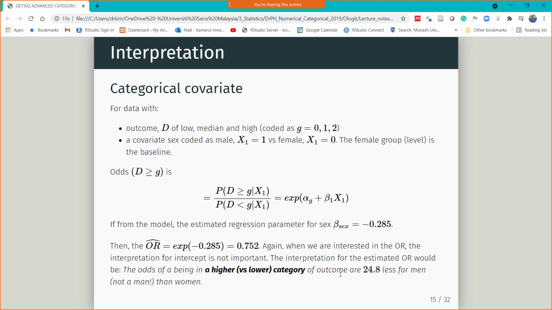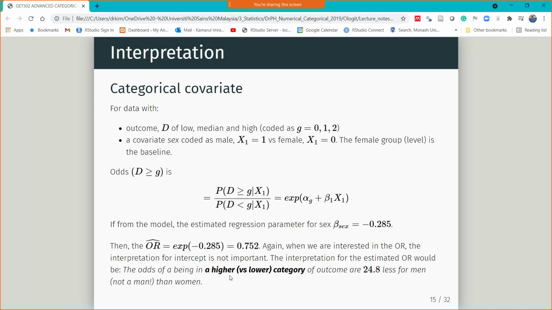So let's say we got the beta value for sex equal minus 0.285, we exponentiate this and we get 0.752, then we know that men have 24.8% less chance to be in the bigger category of the outcome.